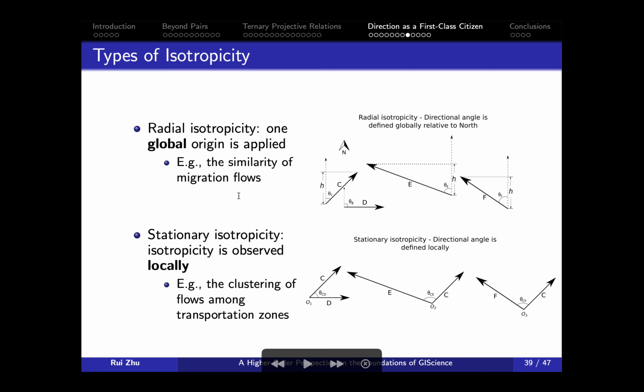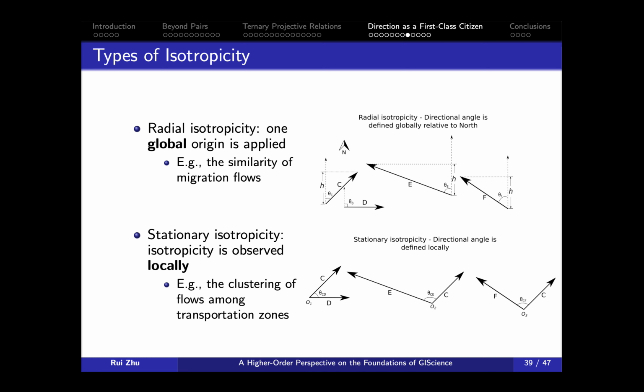For example, by considering the radial or global isotropicity, flow C here will be more similar to flow E and F compared to flow D. But when using stationary isotropicity, flow C is more similar to D than E and F.